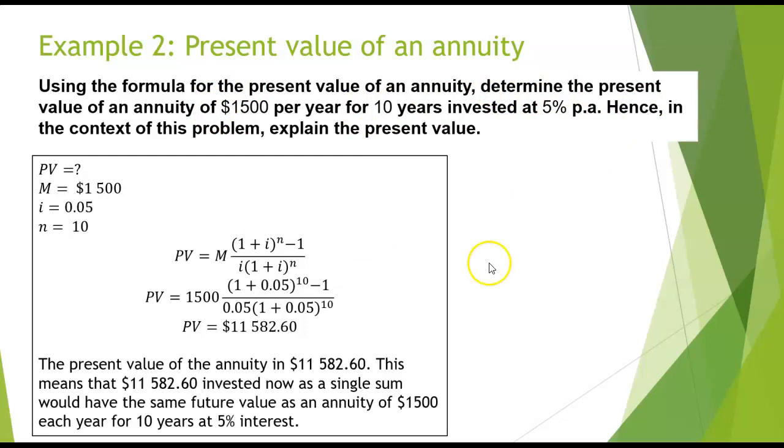So the present value of the annuity is $11,582.60. This means that this amount of money invested now as a single sum would have the same future value as $1,500 put in each year for 10 years at 5% interest. So this is explaining what the present value means.